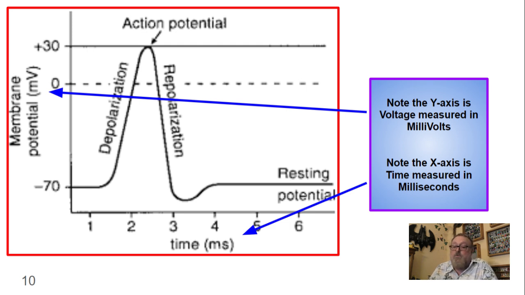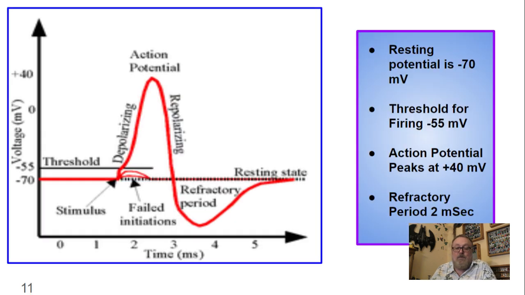There is a refractory period of time in which they cannot generate another action potential. At the end, the cell then reverts to a -70 millivolt resting potential. Please note that the time involved is measured in milliseconds.